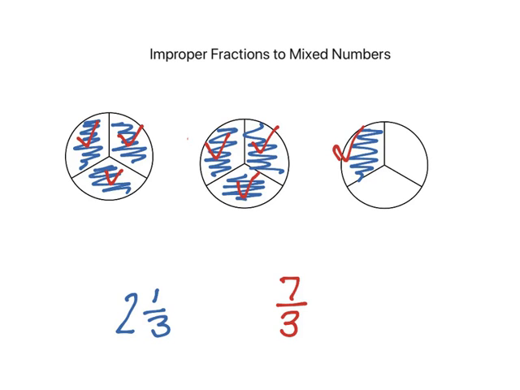Both of these ways to represent this picture are correct, so we can say that they are equivalent to each other. Over here on the left side, that is a mixed number. Over here on the right side, that is an improper fraction. So we need to know how to convert back and forth. Sometimes we like to write fractions as mixed numbers, sometimes we like to write them as improper fractions instead.